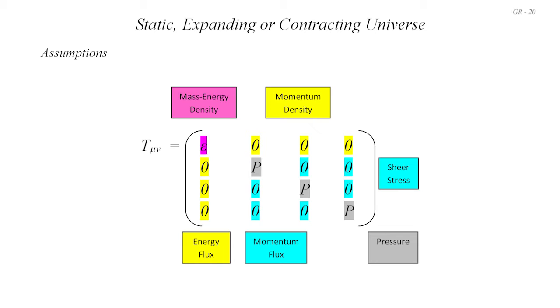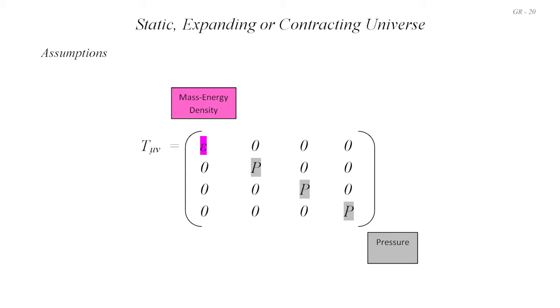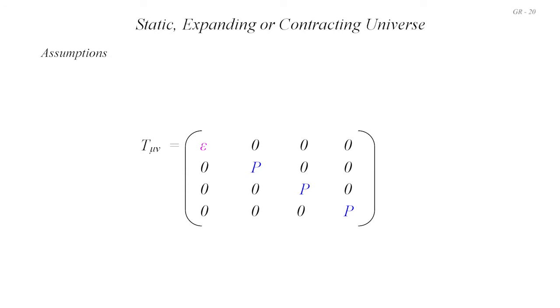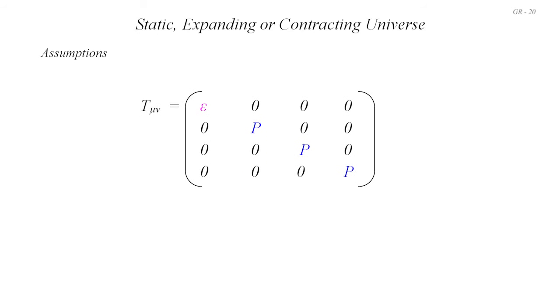So in assuming that the universe can be considered to be a perfect fluid, we only have to consider the energy density and the overall pressure, the p-values here being the same as one another. You could crudely say that the values of force over area for the three directions in space are the same as one another. So this will be the form taken for the stress-energy tensor of our universe, and these values of epsilon and p will be considered to have the same value everywhere in the universe.